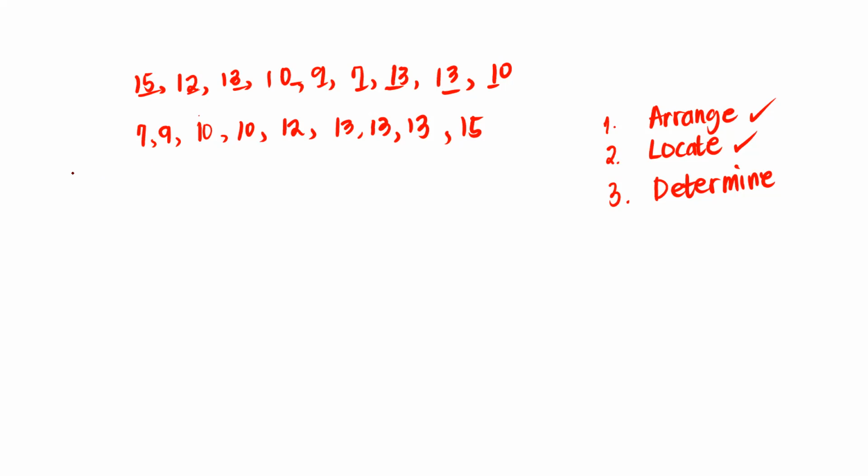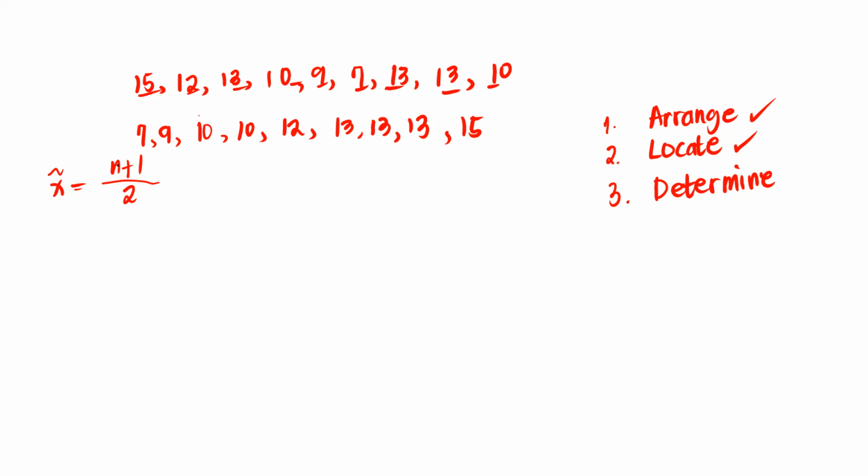Pag nilocate natin yan, we will use this formula to determine the location of the data. So yung location niya is solved using this formula, which is n plus 1 divided by 2.